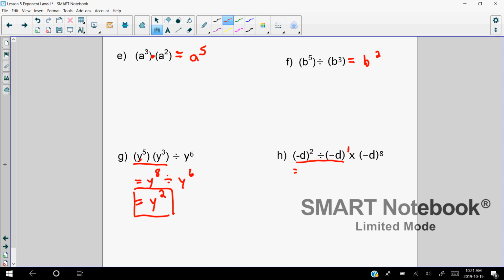So if it doesn't have an exponent, you need to add in the 1. Do not put a 0 or you will get the wrong answer. So this becomes negative d to the power of 2 minus 1, times negative d to the power of 8. Now we use exponent laws, negative d to the power of 9.